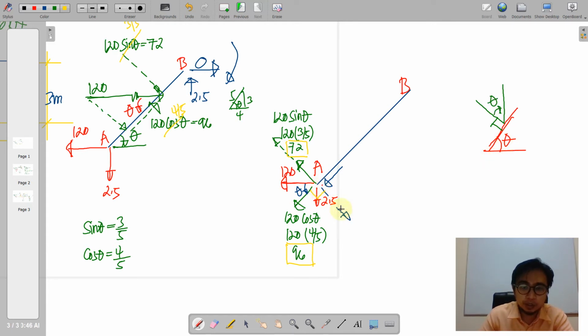We note that this is a perpendicular component of 2.5 in terms of AB. So we apply this rule: perpendicular and vertical. This is perpendicular plus vertical, therefore this is our theta. So this 2.5 here, the parallel one, is opposite the angle theta if we're projecting along the triangle.